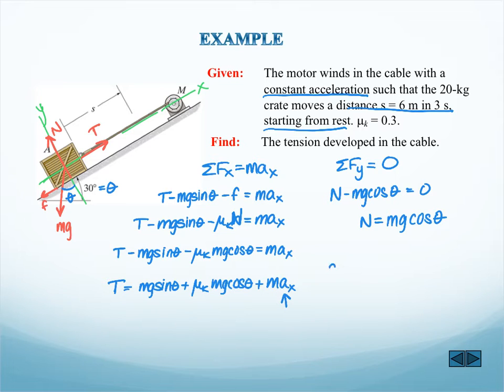So I happen to remember my constant acceleration expressions. And so I noticed that because it starts from rest, and I know that it moves 6 meters in 3 seconds, it's going to be pretty straightforward to find the acceleration.